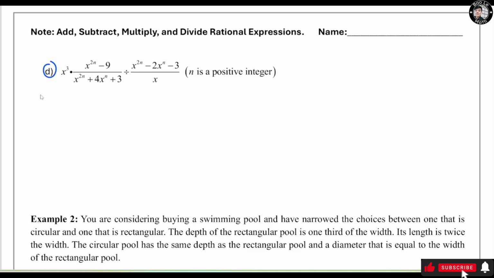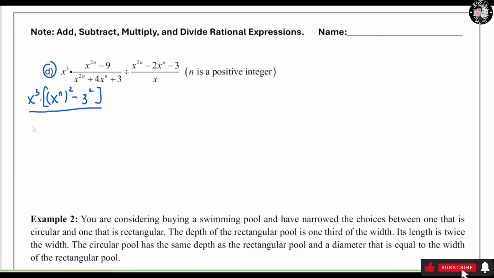Question D. We're gonna rewrite s cubed, right? Times s to the 2n can be written as s to the n altogether squared, right? Minus 9 can be written as 3 squared, right? So I can apply the difference of 2 squares formula, right?